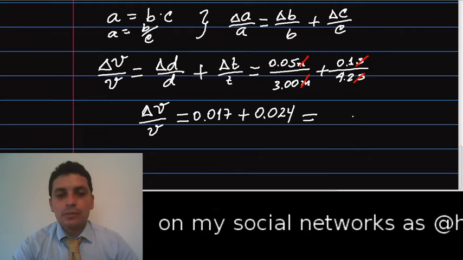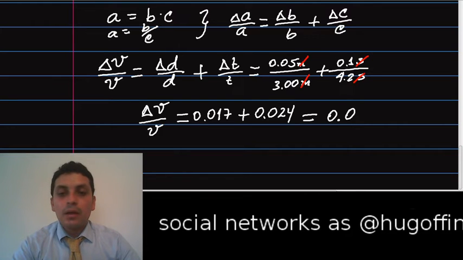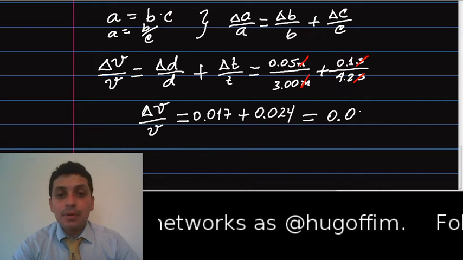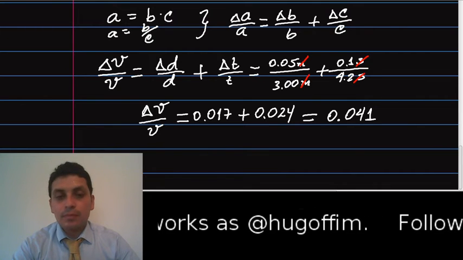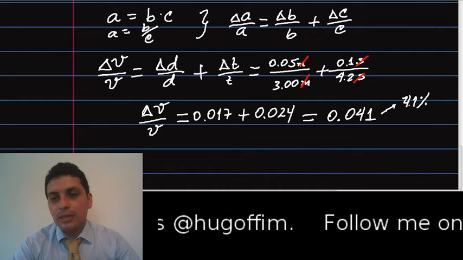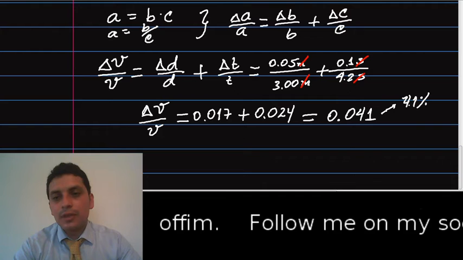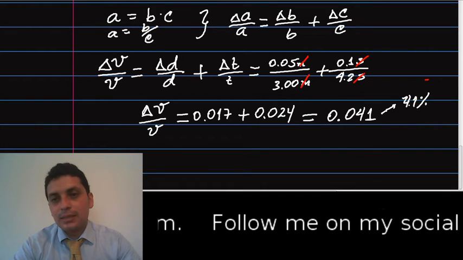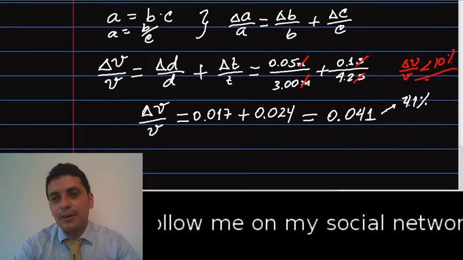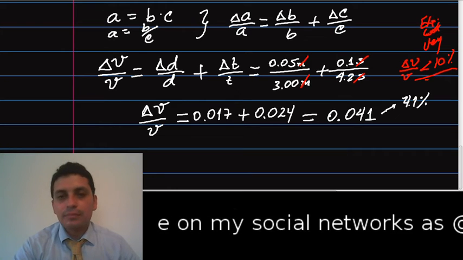If we add these two, we have 0.041. This is about 4.1%. So you can see that the relative uncertainty is very small. Usually when you have relative uncertainties less than 10%, we have a very good experiment.